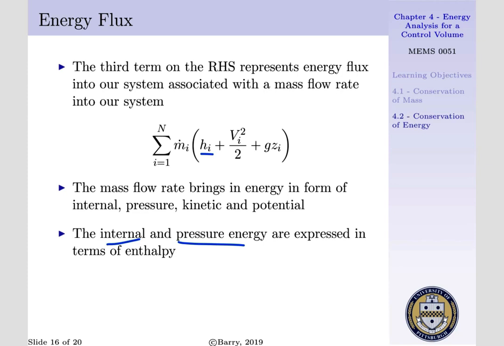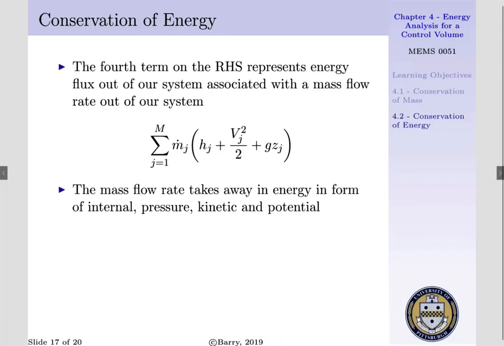Our fluid is also able to bring in a kinetic energy in terms of our velocity squared, and it's able to bring in any potential energy in terms of our gravitational constant times our reference elevation. Our fluid exiting our system is also able to take away energy in the form of enthalpy, kinetic energy, and potential energy.